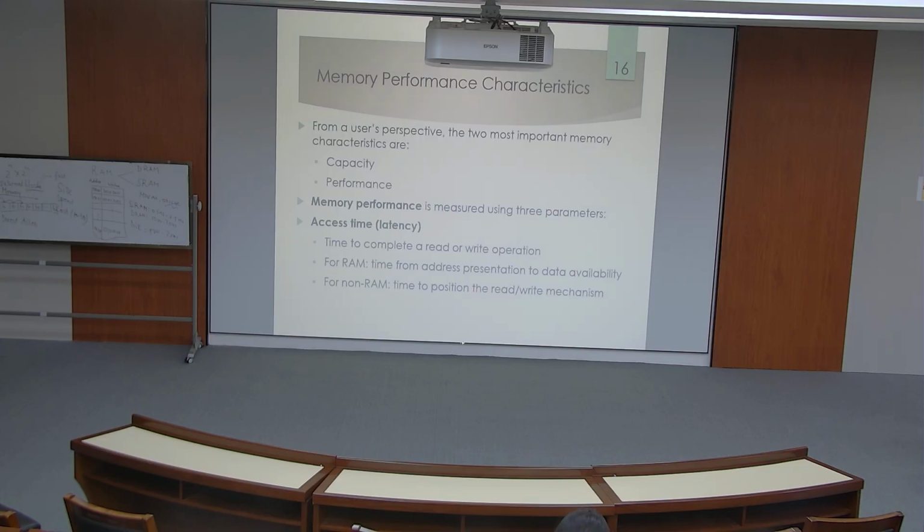So for RAM, it is the time from address presentation to the data availability. When the CPU provides the address, it needs the data from this memory location. That is the time from when the RAM gets the memory address from the CPU to the time the data is available to the CPU.